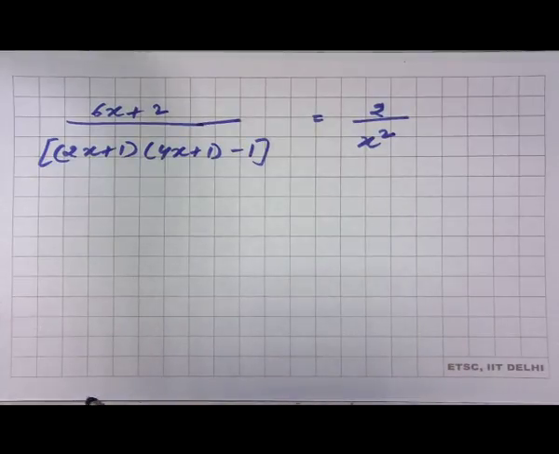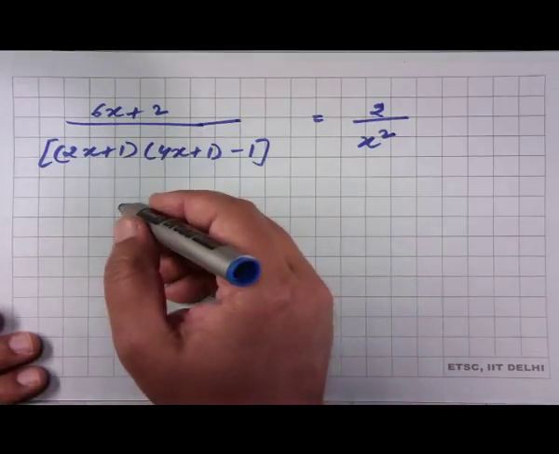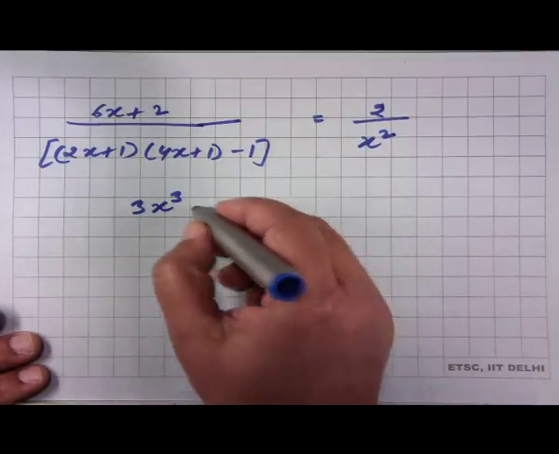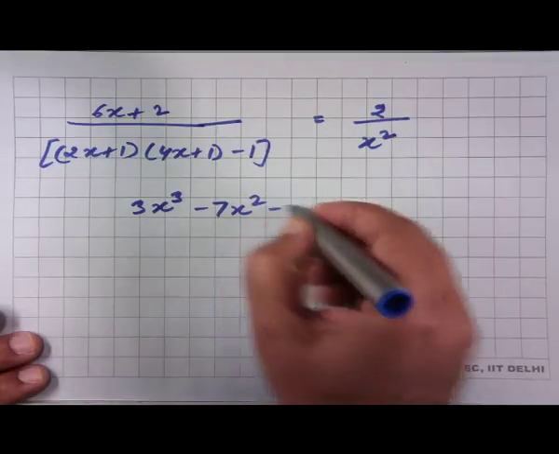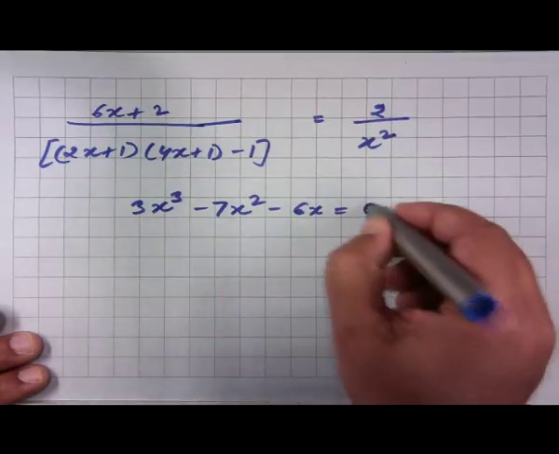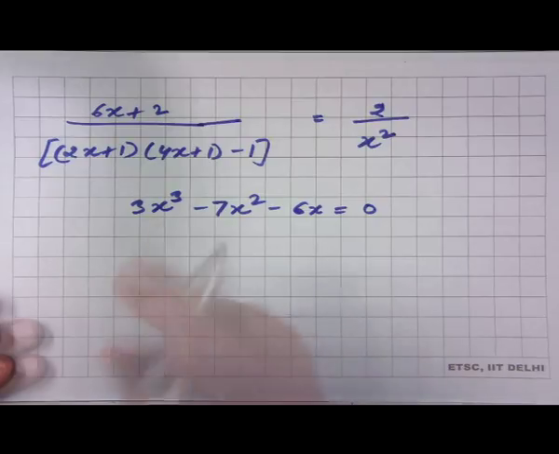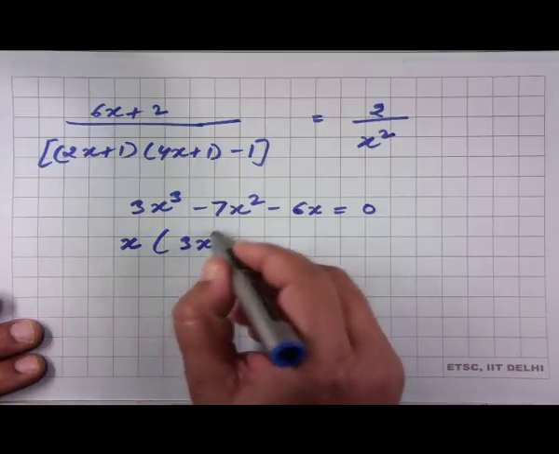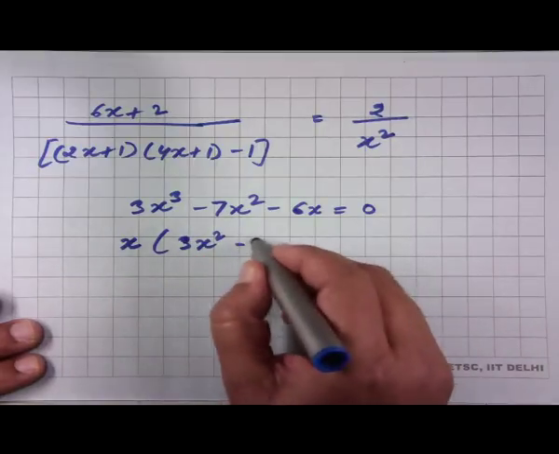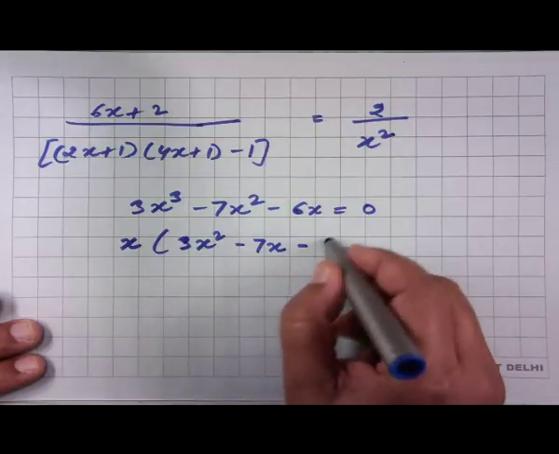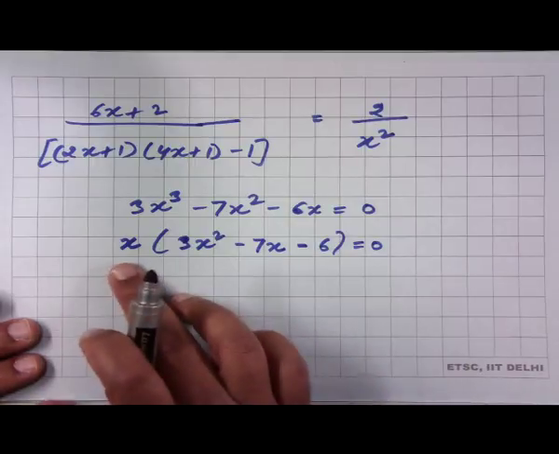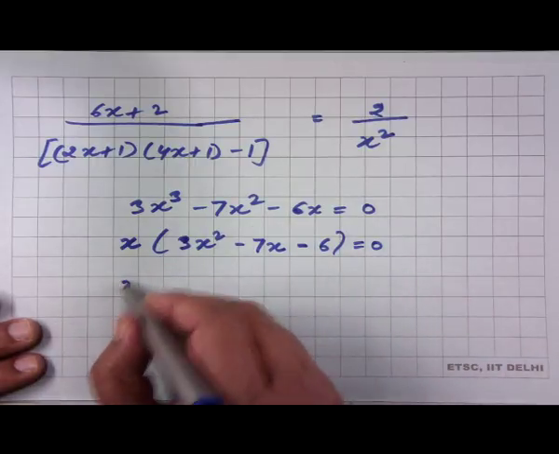And if we simplify this expression algebraically, what we end up getting is that x must satisfy this polynomial equation, and this can be further factored out as x into 3x square minus 7x minus 6 equals 0. This can be further factored also.